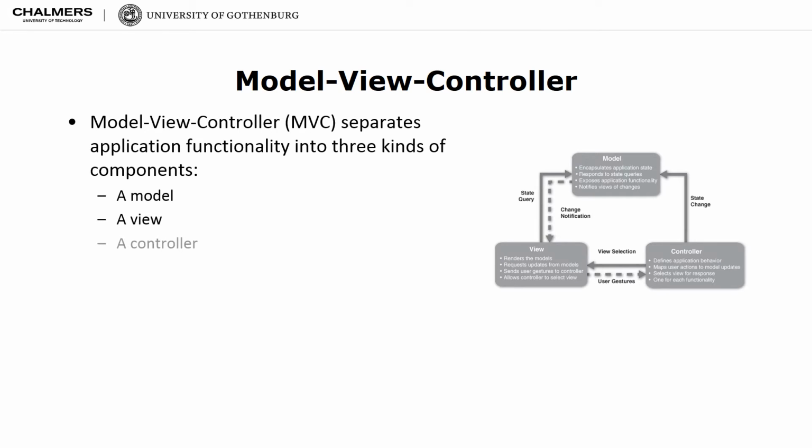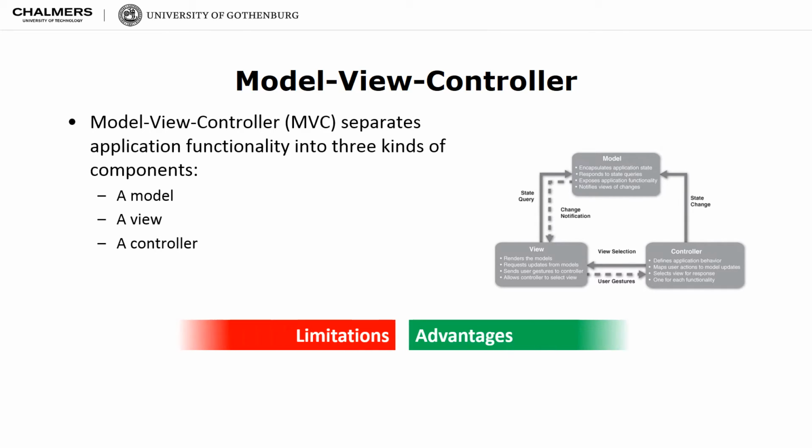ModelViewController thus separates application functionality into three kinds of components: a model which contains the application data, a view which displays some portion of the underlying data and interacts with the user, and a controller which mediates between the model and the view and manages the notifications of state changes.